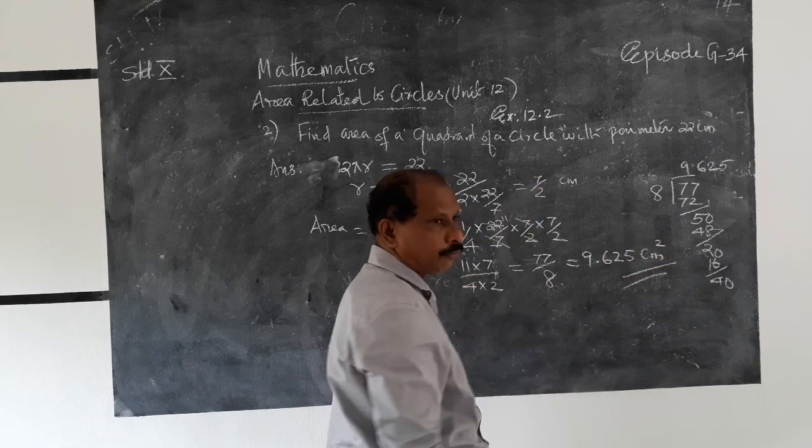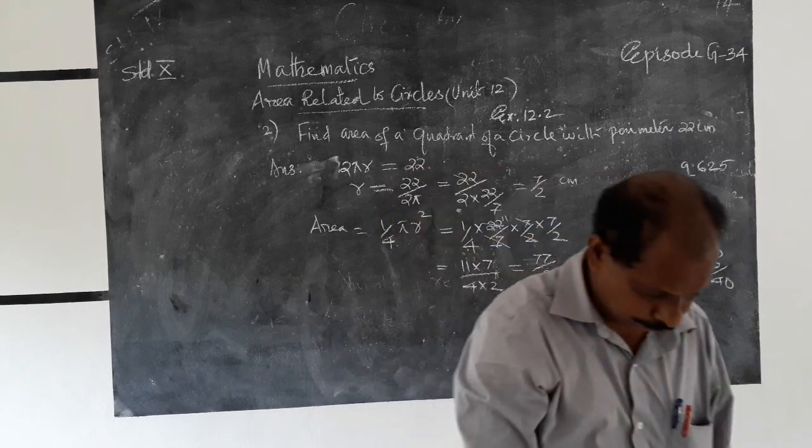That is the area of a quadrant of the circle.